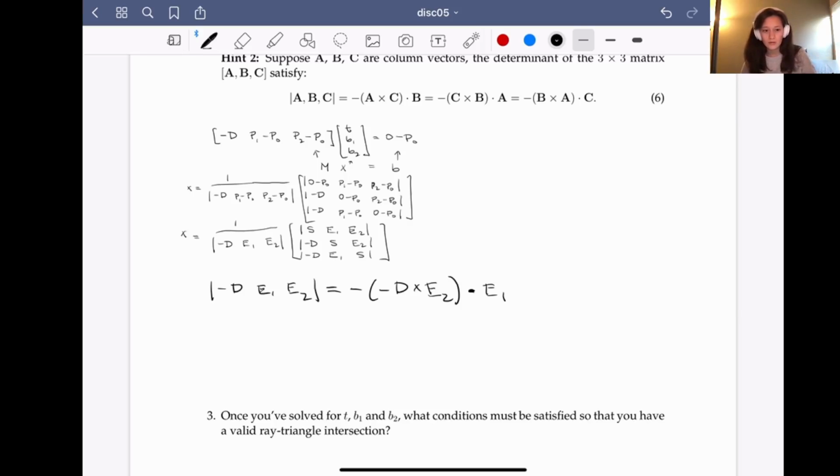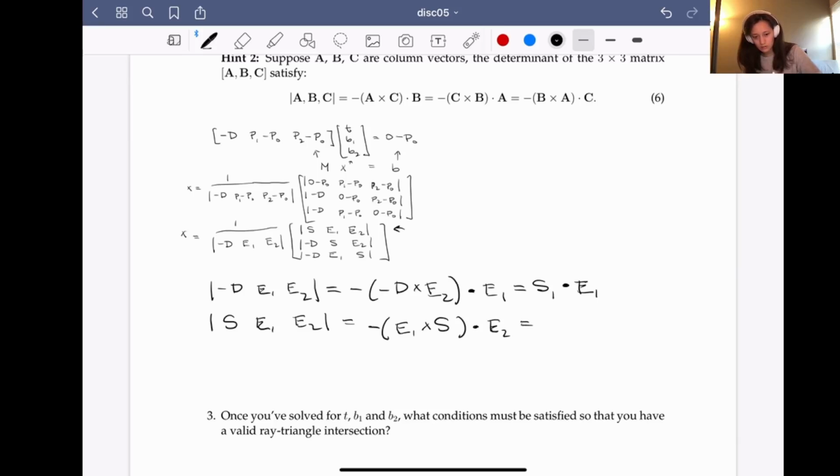Okay, and then just to simplify this a little bit more, this is equal to s1 times e1. Then we have the first row of this matrix here, s, e1, e2. That's equal to negative e1 times s minus e2 equals s2 times e2. Again, we're just simplifying it a little bit here.